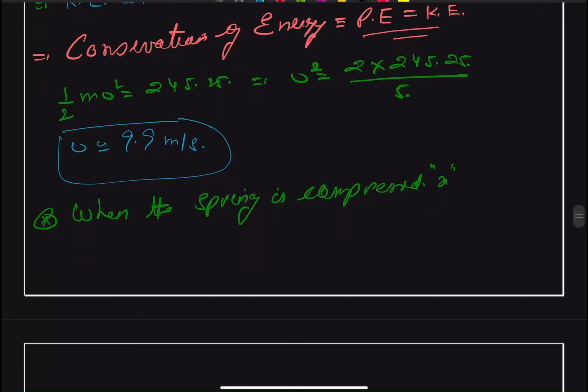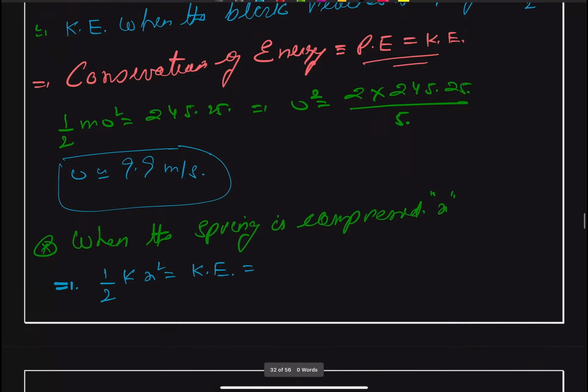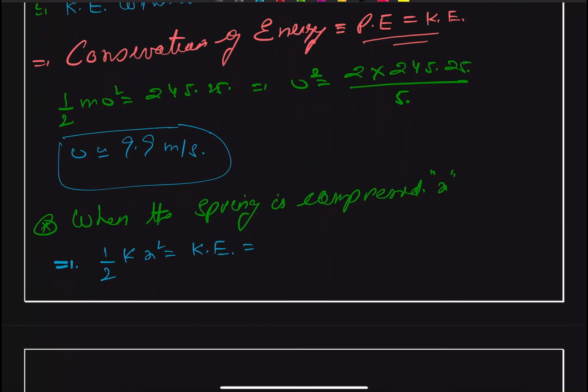therefore, we can write that our half kx square will be equal to our kinetic energy, and that kinetic energy is about 245.25.